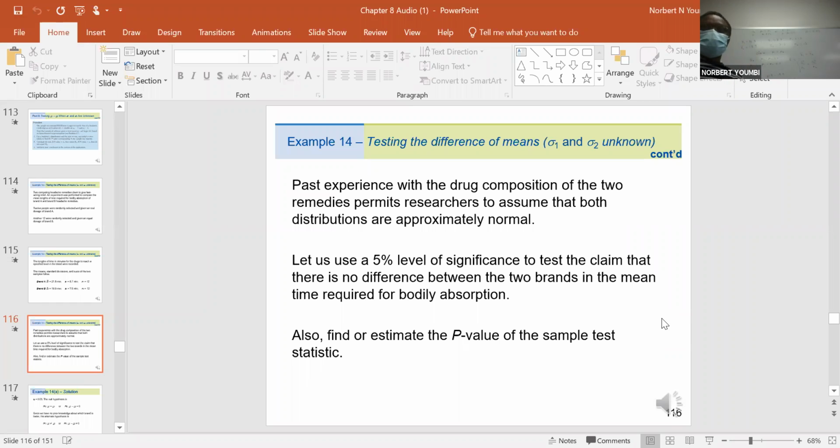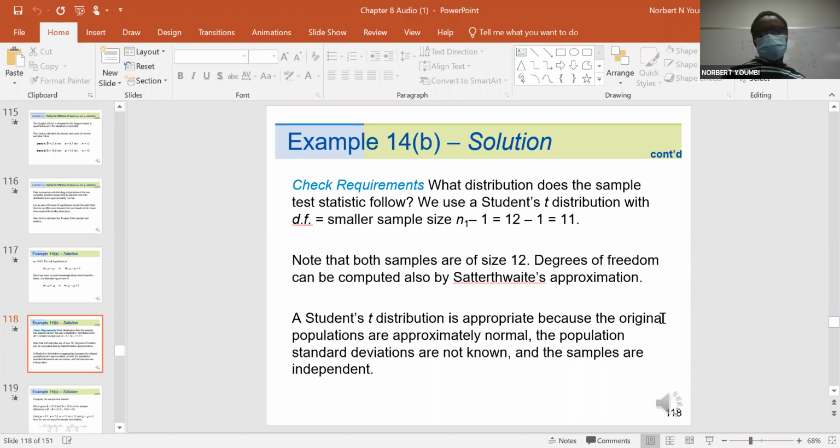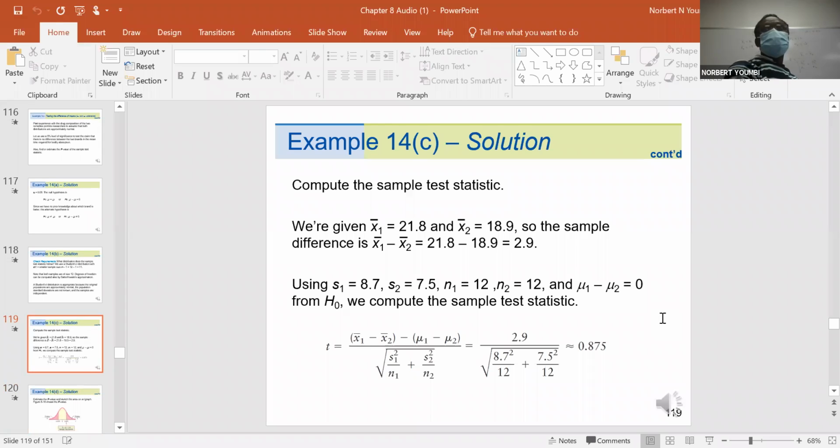So using your calculator with number 4, two-sample t-test, what is it? 0.875. Anybody has something different?